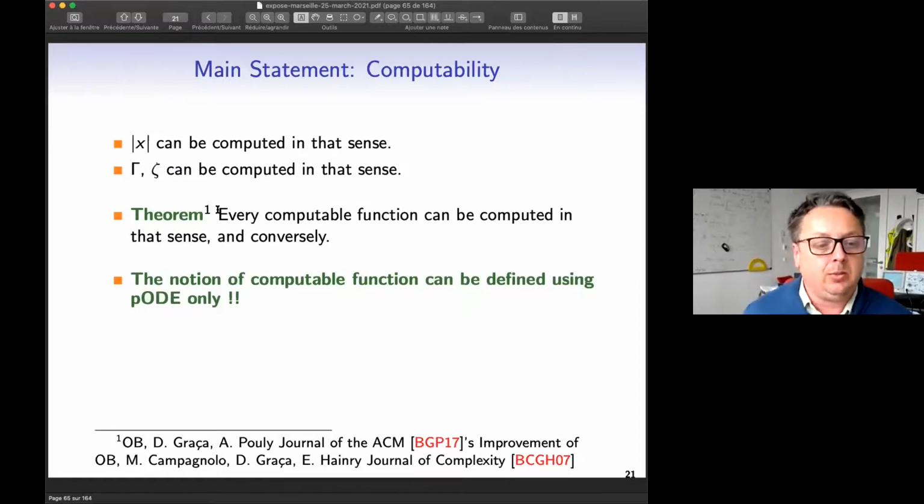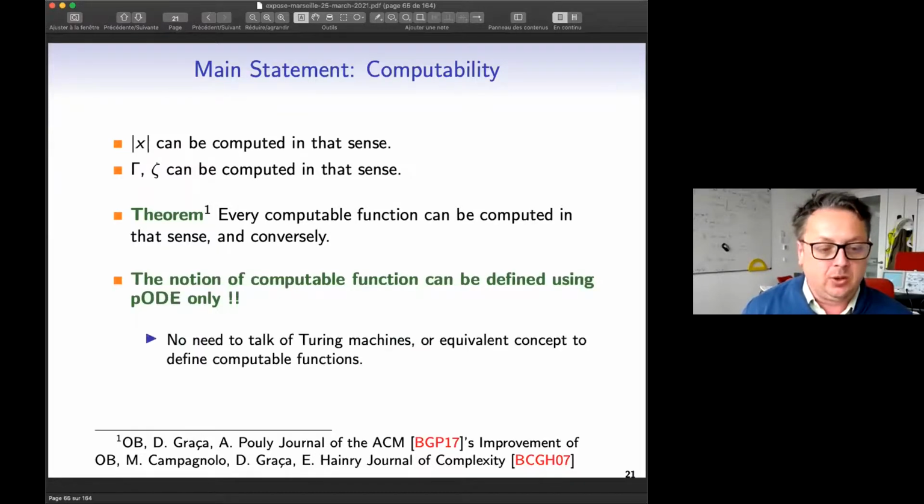If you think about this statement, we are stating that I could define what is a computable function using only ordinary differential equations, polynomial ordinary differential equations. So the notion of computable function can be defined using polynomial ordinary differential equations only. And this fact was quite unexpected. There is no need to talk about Turing machines or equivalent concepts to define computable functions.